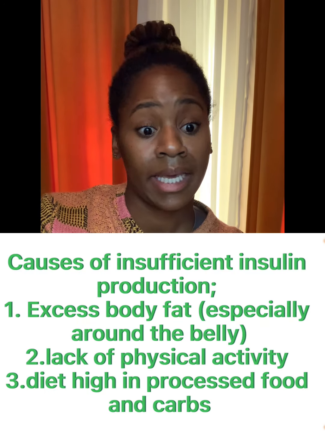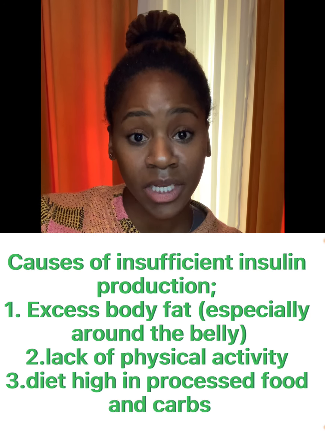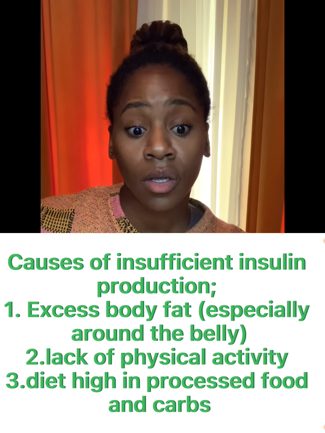Now, what causes insufficient insulin production is excess body fat, obesity, especially around the belly or organs. This is the primary cause of insulin resistance. Belly fat makes hormones and other substances that can contribute to long-term inflammation in your body. This inflammation plays a role in insulin resistance.